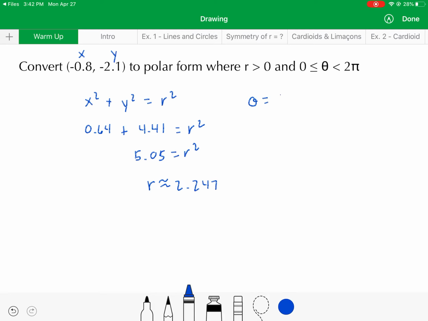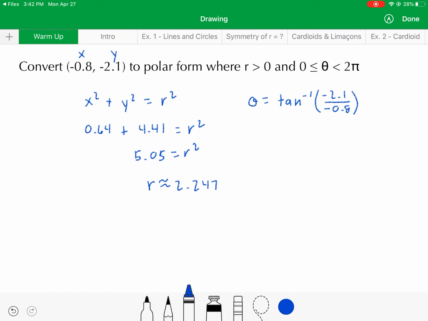So we can always initially find theta by using the inverse tangent function, right? Since we're given the x and the y values for the rectangular set of coordinates. So I would find inverse tangent of negative 2.1 over negative 0.8.